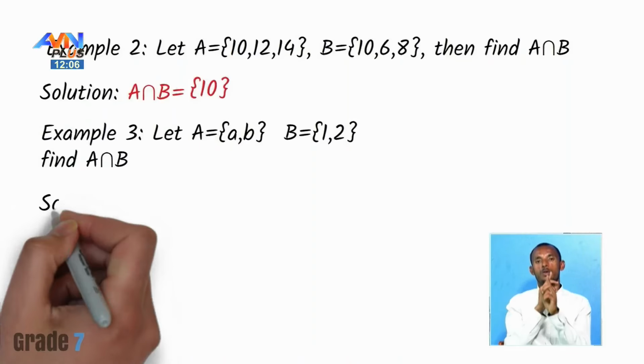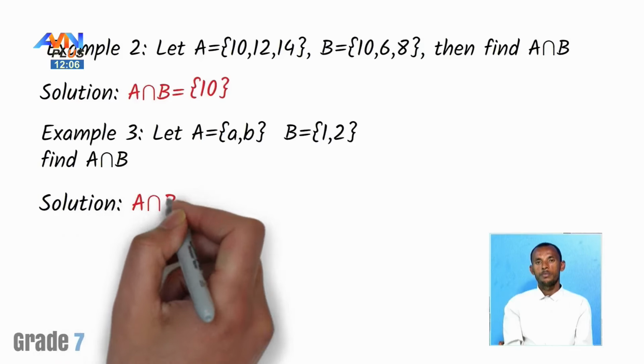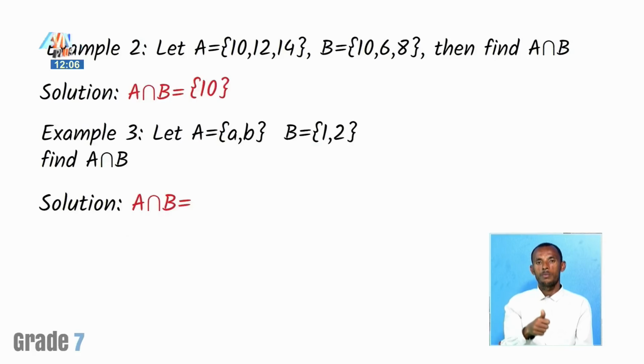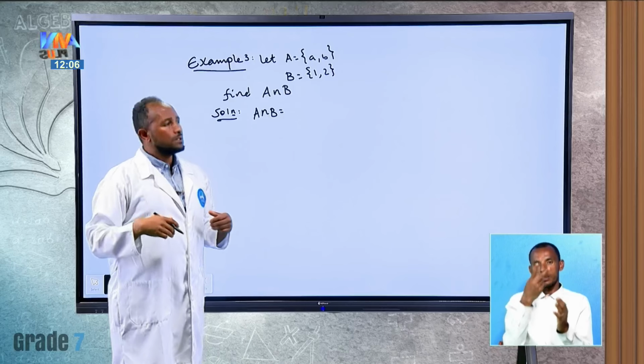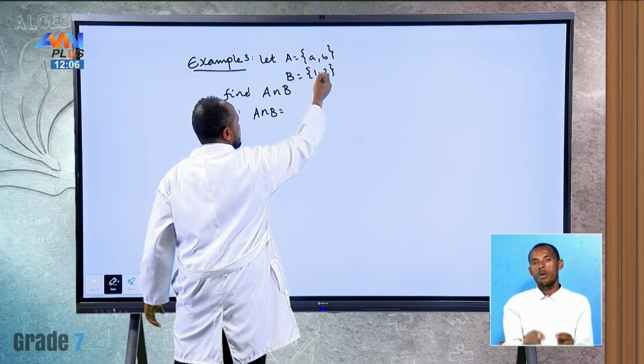Solution. A intersection B means the set of all elements that are found both in A and B. Now let's search common elements. Is A common for both? It's not. Is B common? It's not.